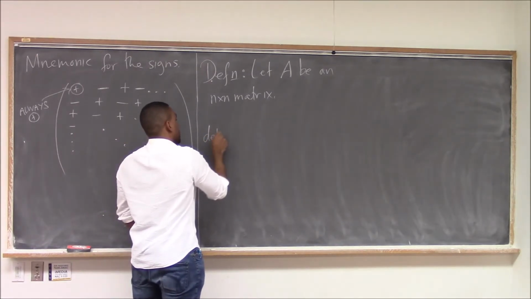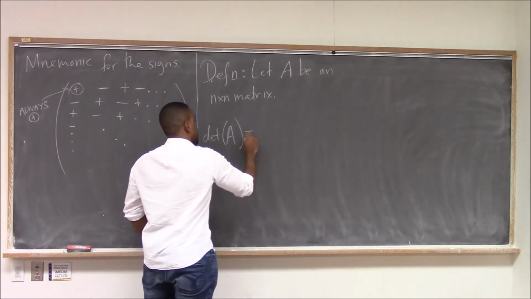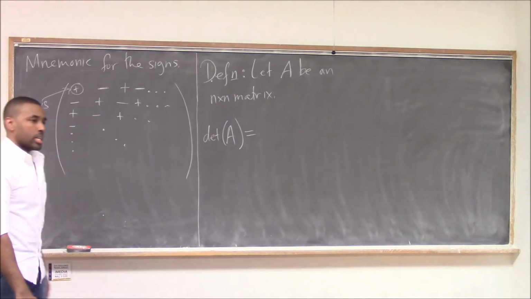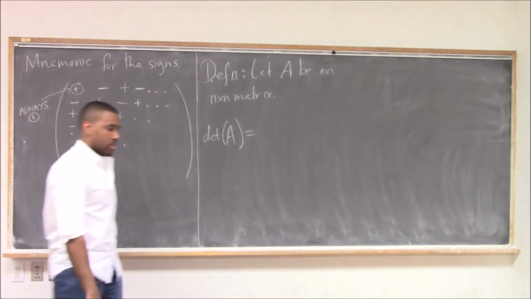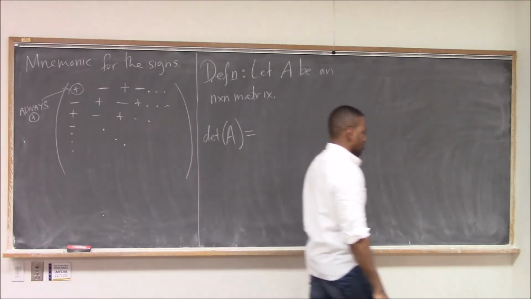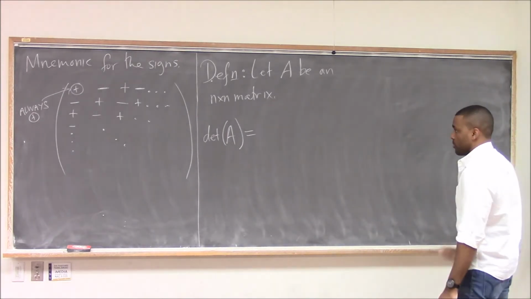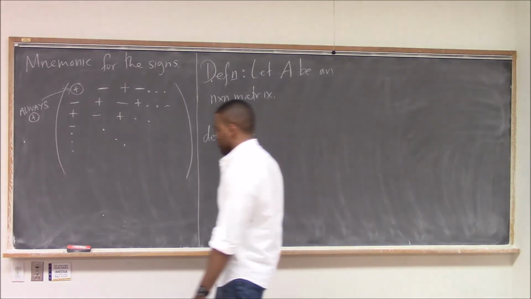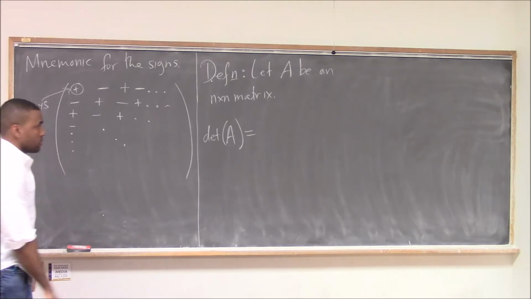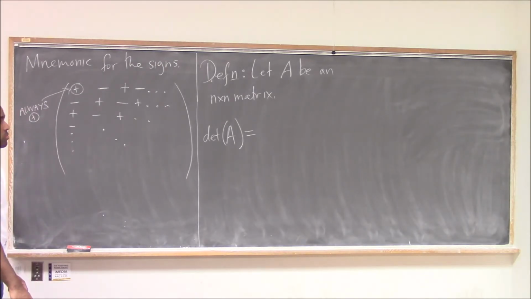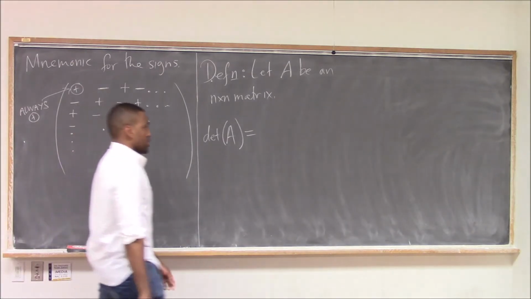The determinant of A is equal to... Now I'm going to give you a formula for the determinant of an n by n matrix A. So this is going to be the formula.